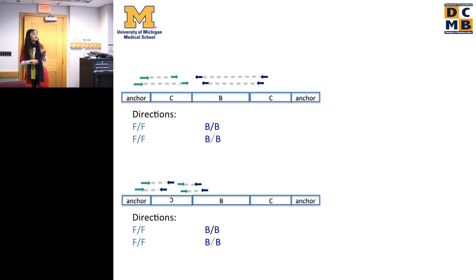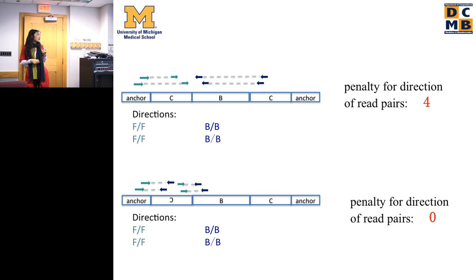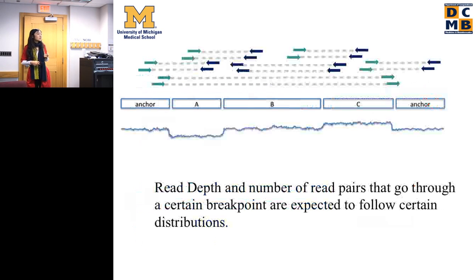So the penalty for direction here is 4, while if we invert C, we will have a 0 penalty for the direction. So the decrease in the penalty score would also cause a much better score for the structure. Again, we also consider the coverage and the number of read pairs going through each breakpoint.